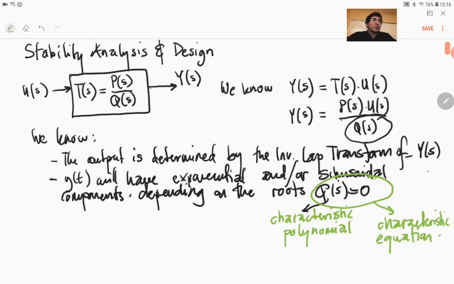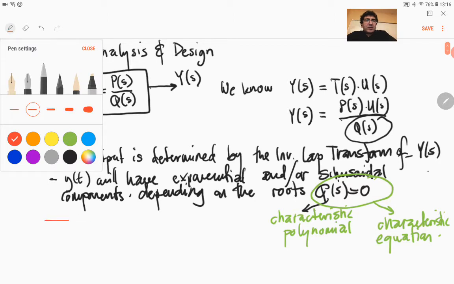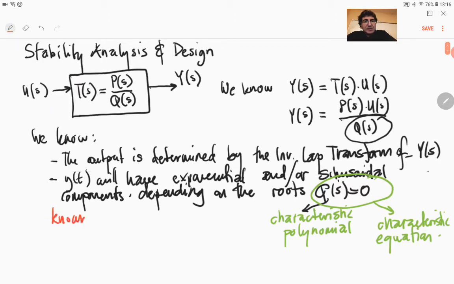So we will have so-called damped sinusoids, okay? Now, the roots of Q of S equals 0 are also known. We know that these are known as the poles of the system. Okay?